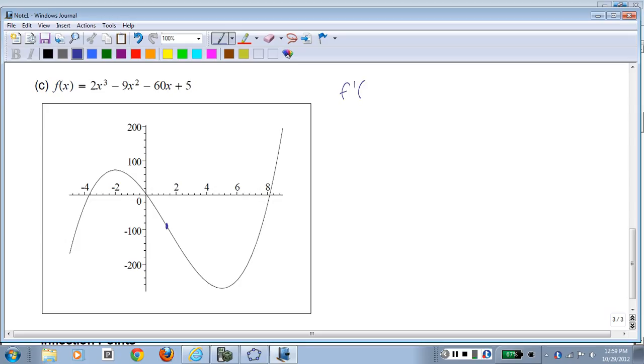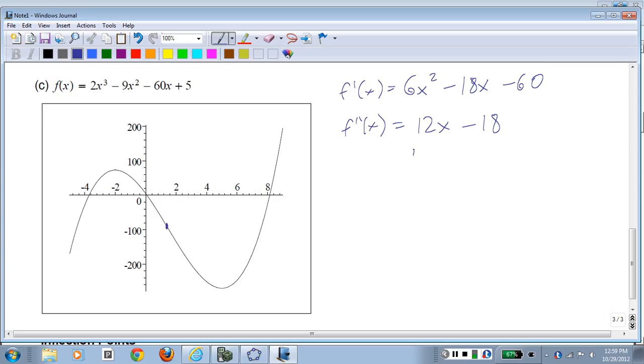So f prime of x equals 6x squared minus 18x minus 60. F double prime of x equals 12x minus 18. If we're looking for second order critical numbers, we would like to know where this is equal to 0.